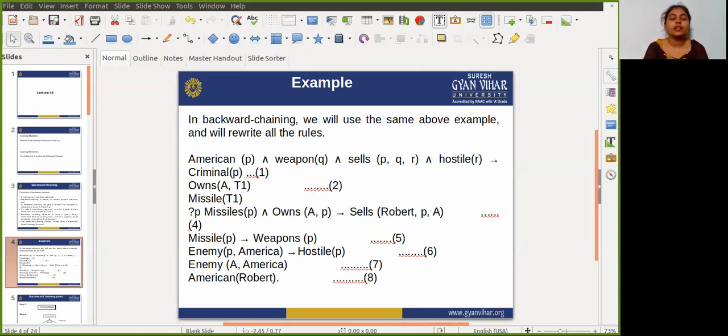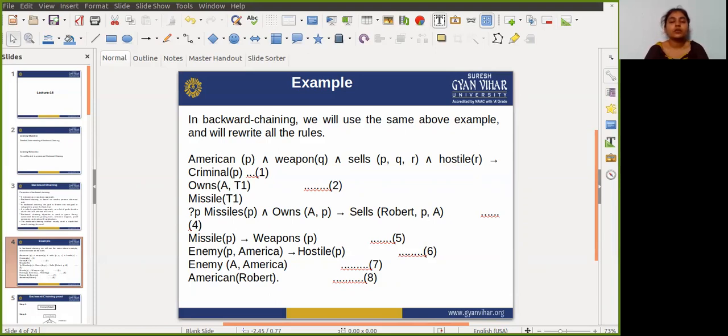In the last lecture, when we were doing the forward chaining method, we took the first statement, the first predicate, as Robert is an American, right? But here, first of all, you already know that Robert is a criminal.